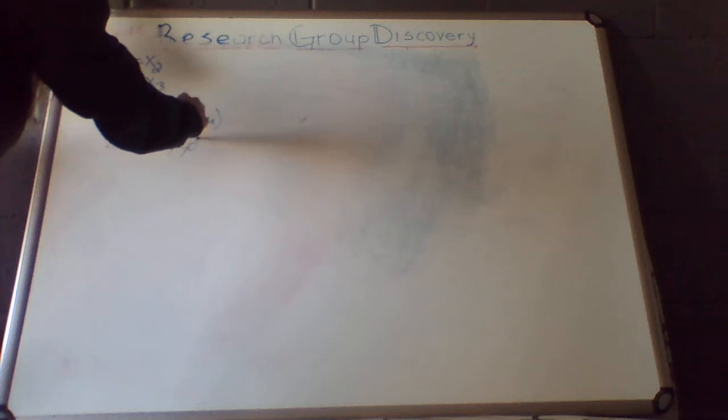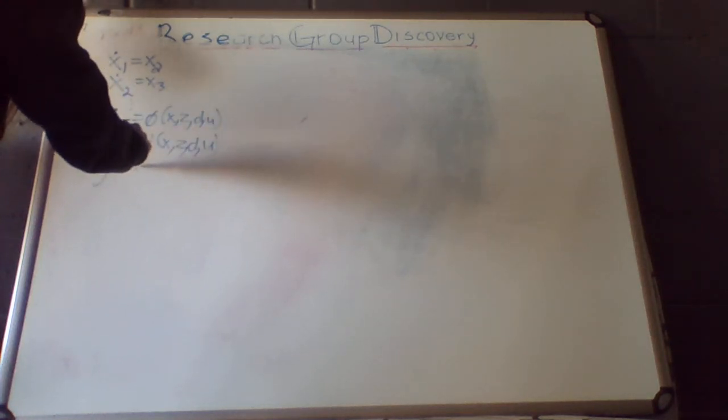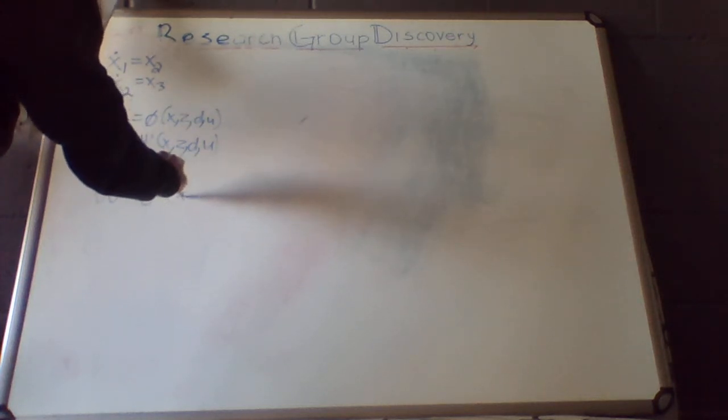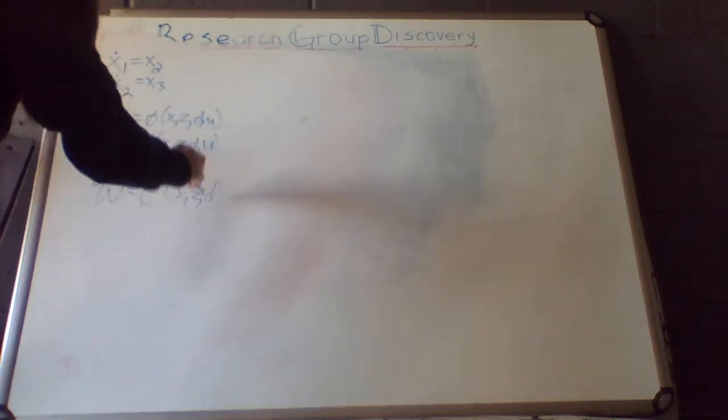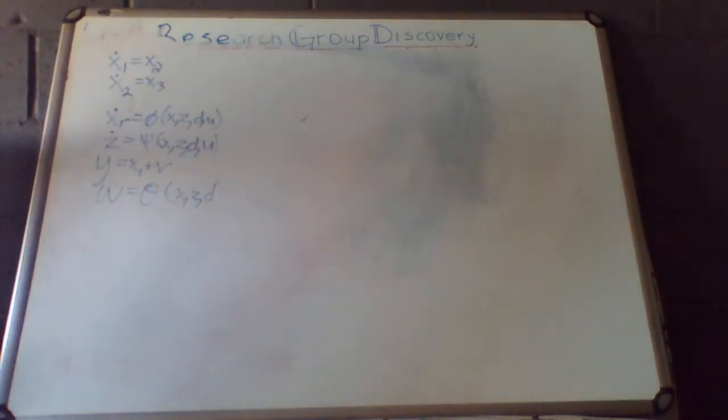So it comes out to be something like this. x1 dot is x2, x2 dot is x3, dot, dot, dot, xr dot is phi of x, z, d, u, z dot is psi of x, z, d, u, y is x1 plus mu, and w is theta of x, z, and d. So you'll see that this is actually a very, very specific form.